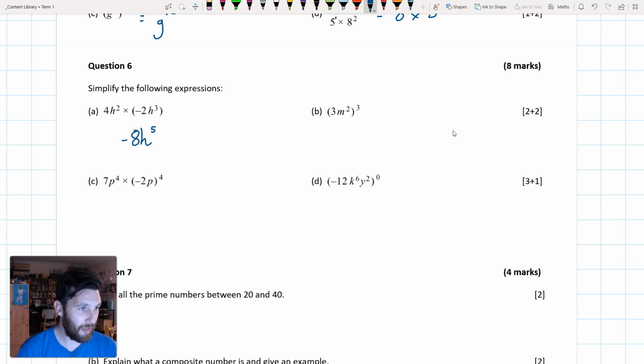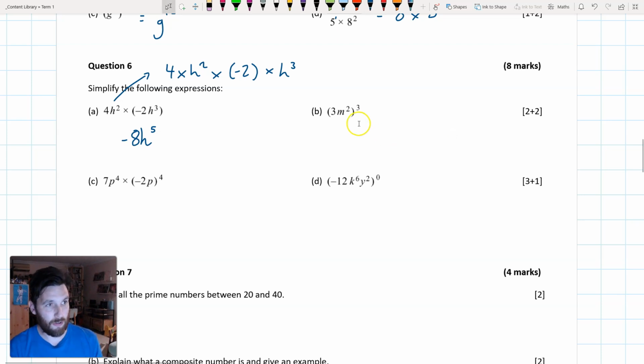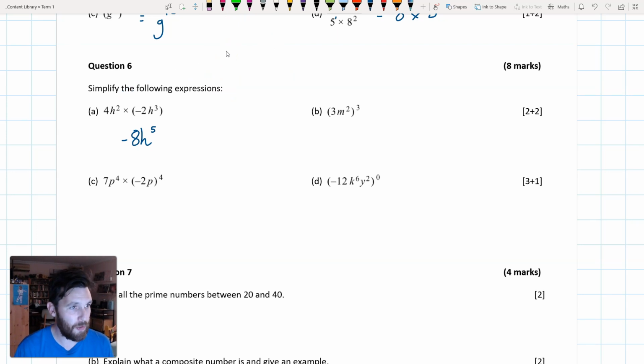Because don't forget, for a question like this, in algebra, 4h squared really just means 4 times h to the power 2. We're timesing that by negative 2, and we're timesing that by h to the power 3 in this case. So for this one, we can do the 4 times negative 2 separately, which is negative 8, and the h squared times h cubed separately, which is h to the power 5.